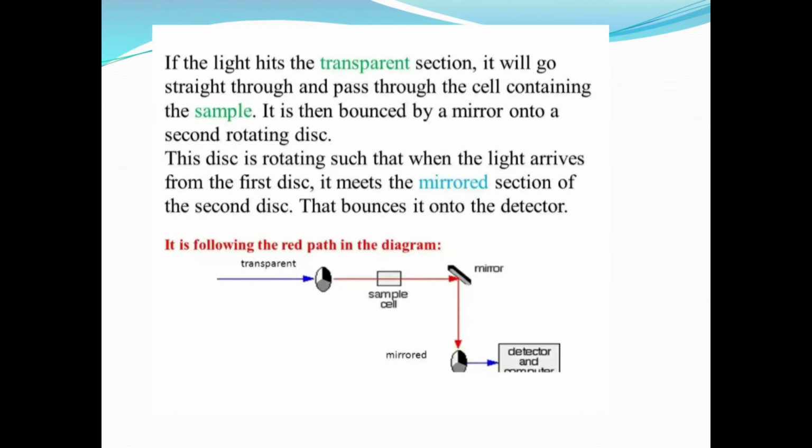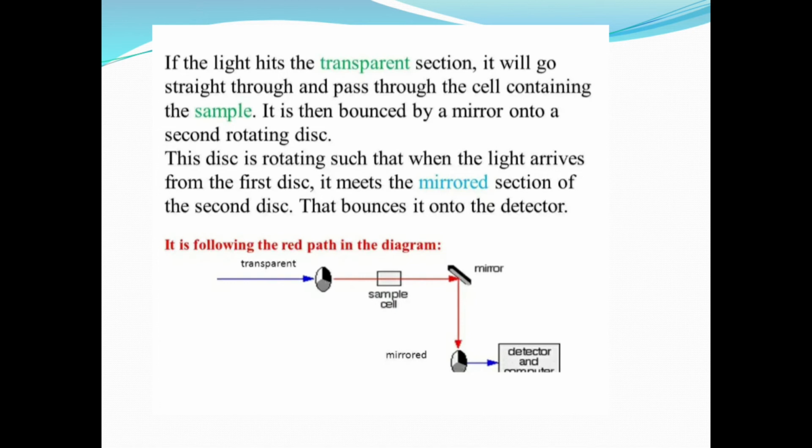If the light hits the transparent section, it will go straight through, passing through a cell containing the sample. It is then bounced by a mirror onto a second rotating disc. The disc is rotating such that when the light arrives from the first disc, it meets the mirrored section of the second disc, which bounces it onto the detector.